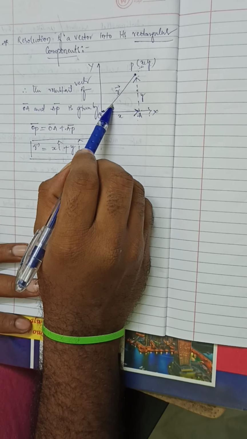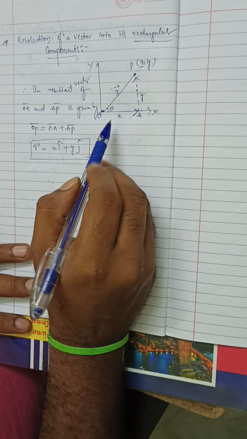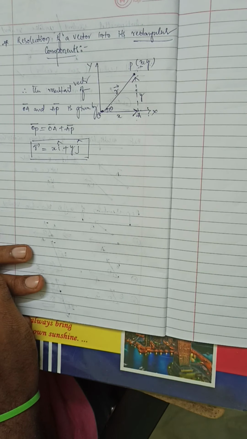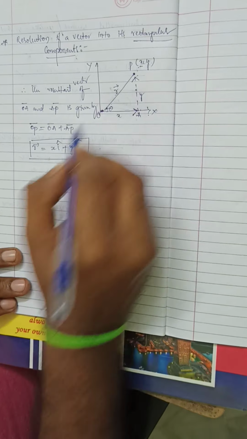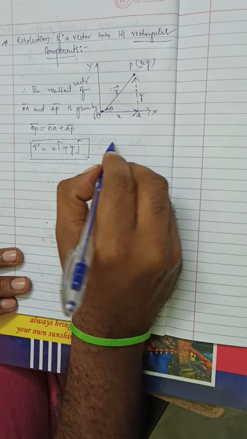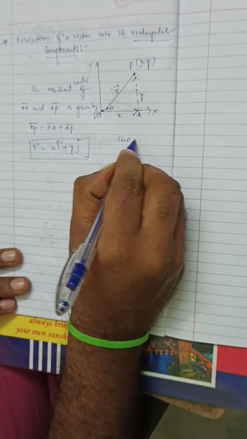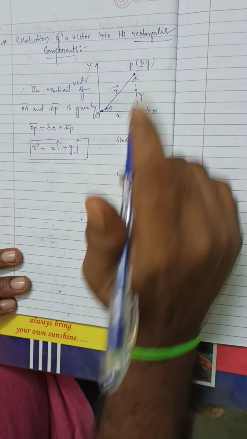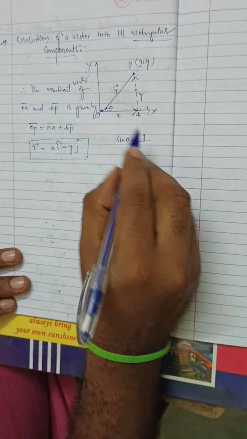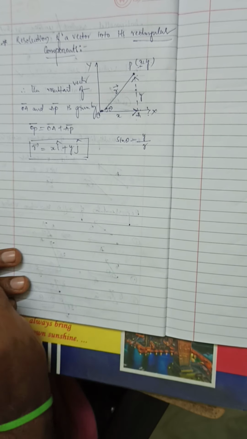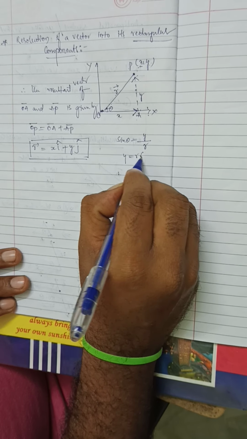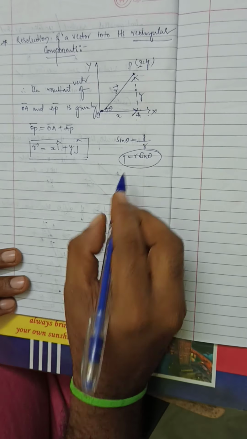Now this position vector makes an angle theta with the x axis in the anti-clockwise direction. Then we can write, sin theta is equal to opposite side by hypotenuse, here the magnitude you have to consider, not the vector. Therefore y is equal to r sin theta.